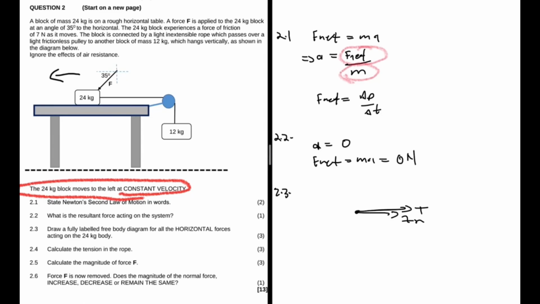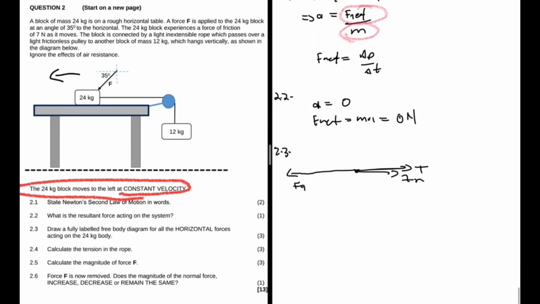And then our force applied is supposed to be moving to the left, right? So we have force applied here. The force applied is equal to the tension plus the friction, right? Because these forces are balancing out. As a consequence, our object is moving at constant velocity, or with an acceleration of 0. So now we can go to 2.4.